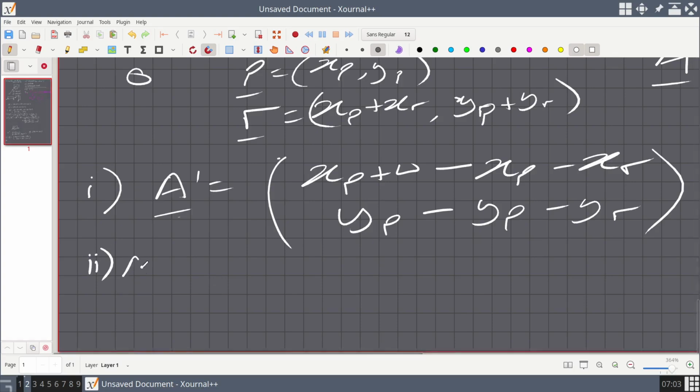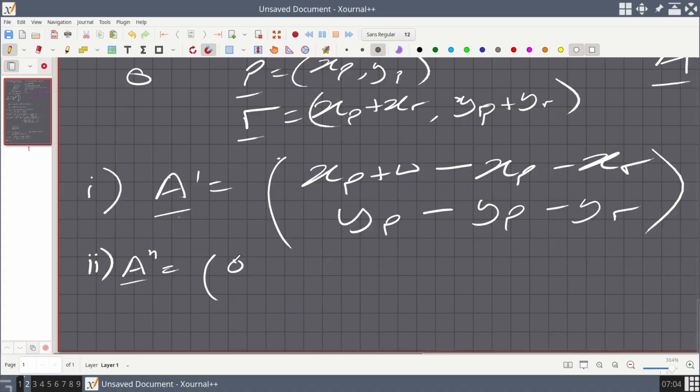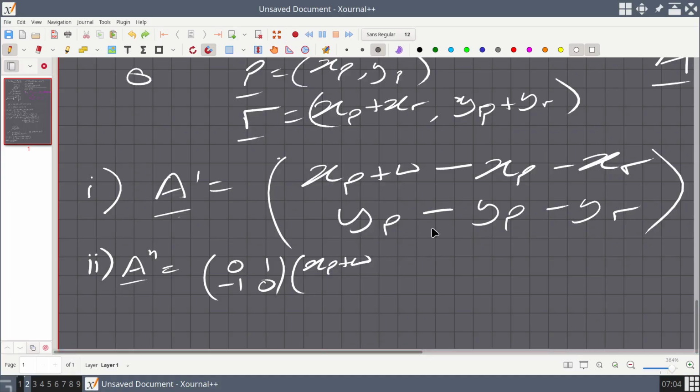Part 2. A prime prime is this multiplied by our rotation matrix, which I'm thinking would be 0, minus 1, 1, 0, multiplied by XP plus W minus XP. Okay, so first thing to say is that XP and that XP cancel, that YP and that YP cancel.